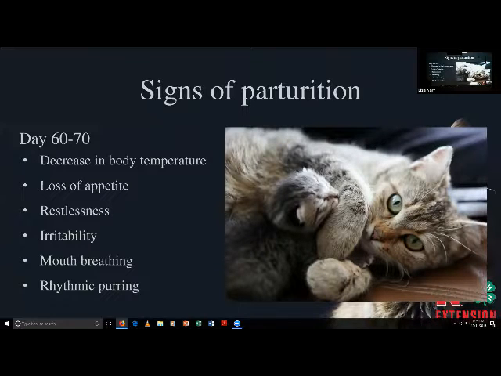Cats might also stop eating for about a day or two before birth. I know I'd probably feel pretty bloated at that time. They might be restless and not stay in one place for very long. They'll wander around because they're just uncomfortable and getting ready. They'll start a rhythmic purring or open mouth breathing. So those are some things to keep an eye out for.